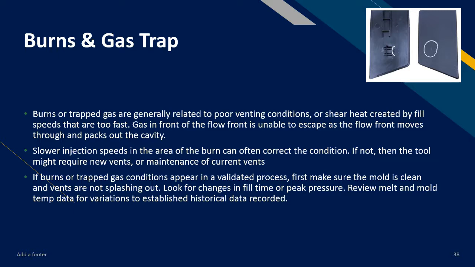If the clamp is too tight, then it might not be allowing the gas to escape. Something else that could be occurring is if the flow front is going too slow when it approaches a vent, the gas may be able to resist by lack of pressure against the gas, forcing it through the vent.